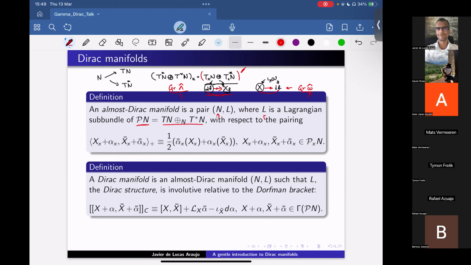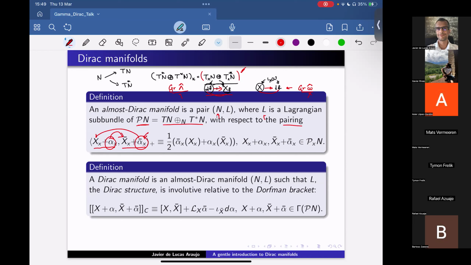You have to remember that the rank of this is twice the dimension of N, and you have a pairing. When you have a vector and covector, these are the elements of this Pontryagin bundle. The only thing you have to do is just to contract every covector with the vector of the other pair in this manner and to add.